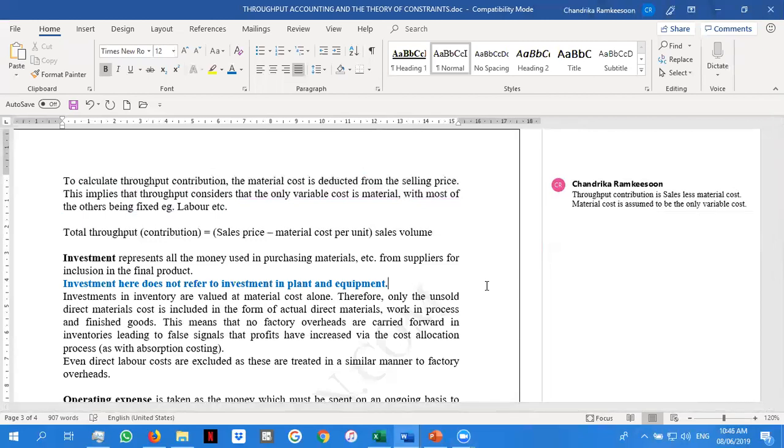I can assure you, it's very possible that when the examiner tests this in your objective test questions format, he will ask you about investment in a question, and of course he may ask it in any of his devious ways. Which of the following represents investment under throughput accounting, something like that. Or he may even hide it and state it in a negative way. In other words, he may say, which of the following does not represent investment under throughput accounting.